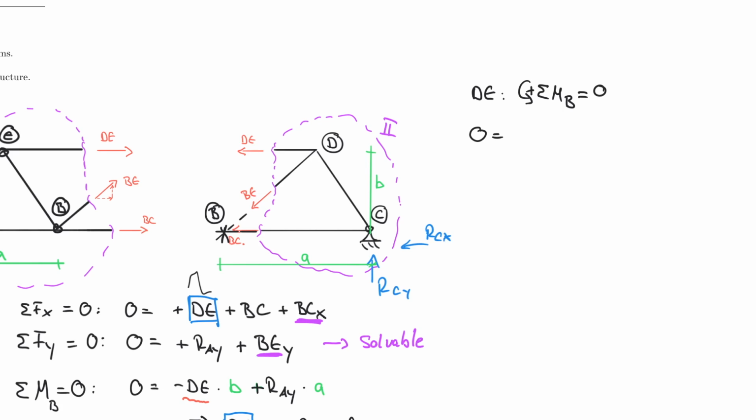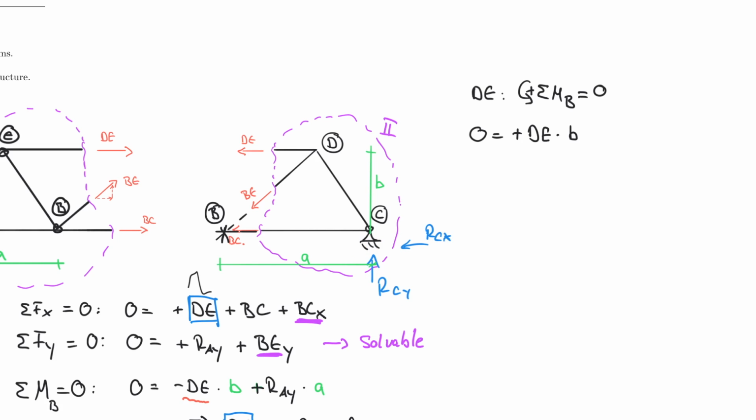I start with my unknown, dE multiplied by B, and that is turning counterclockwise, therefore it's positive. And now I also have to consider RCX and RCY. The line of action of RCX goes right through that point, so that goes to 0 once again, but RCY has a value.